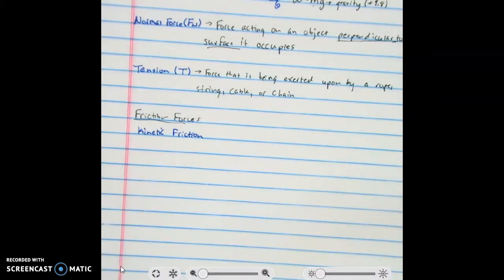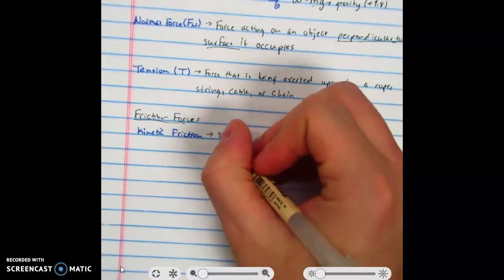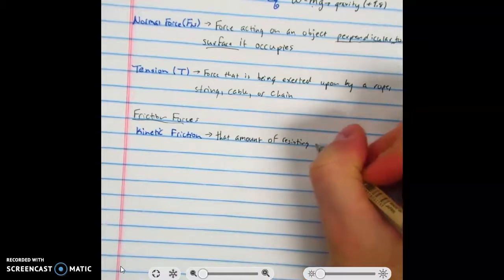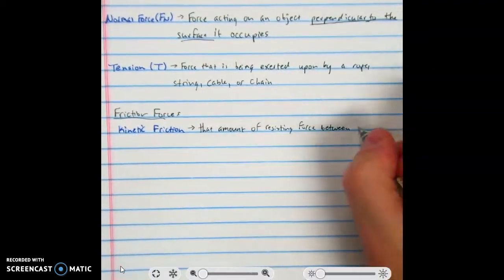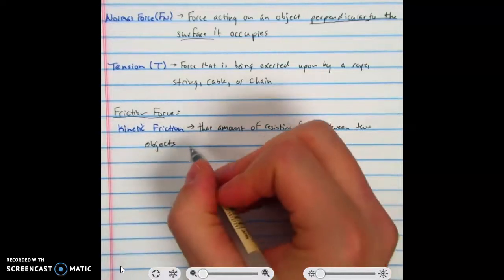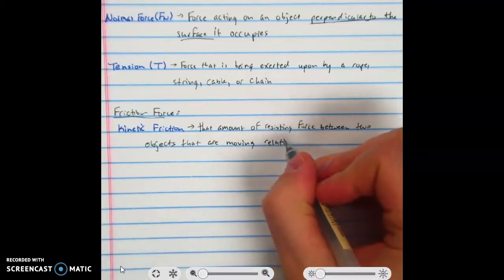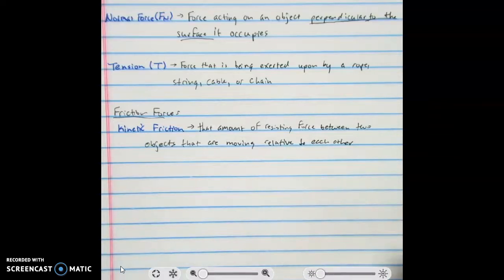So kinetic friction is the amount of resisting force between two objects that are moving relative to each other.